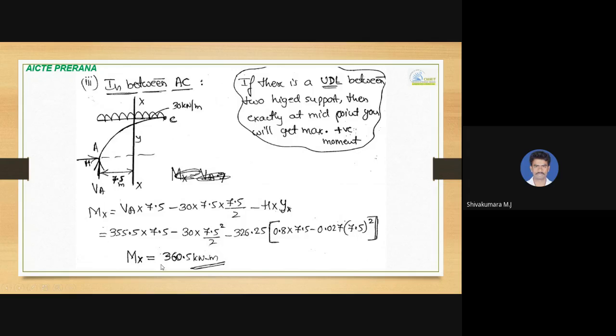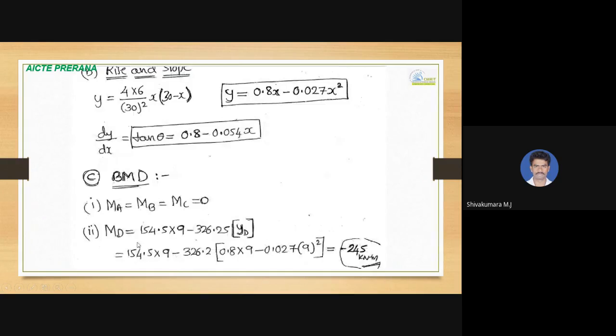If we substitute everything, we get the bending moment at section X as 360.5 kilonewton meter. It is positive sign convention, so it is sagging bending moment, and at MD it is negative sign convention, so it is hogging bending moment.